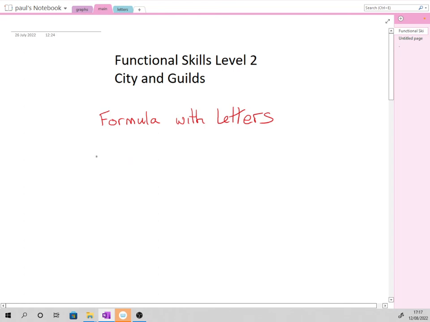Now, let's go back to our bananas. So we've got 6 bananas at, say, £3, the same thing, £3 each. Now, we shall call B for bananas, and this will be the cost.